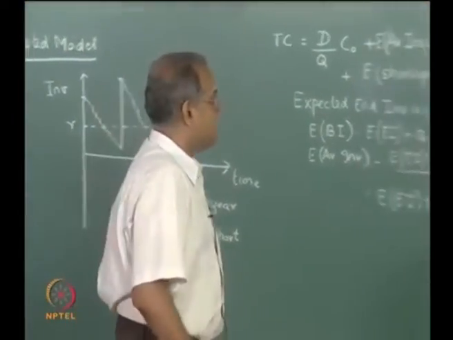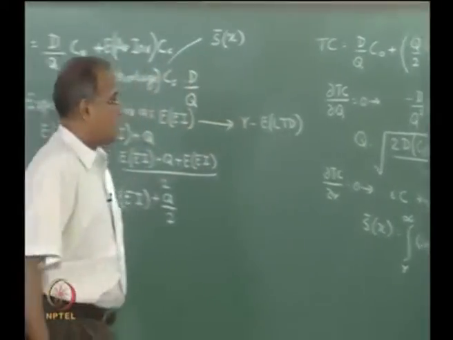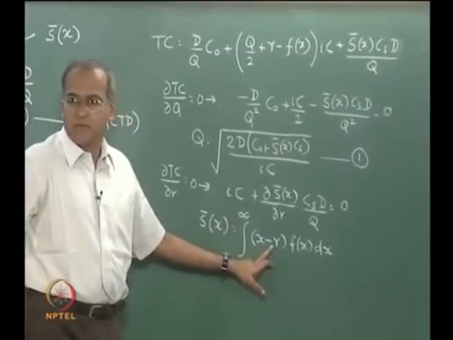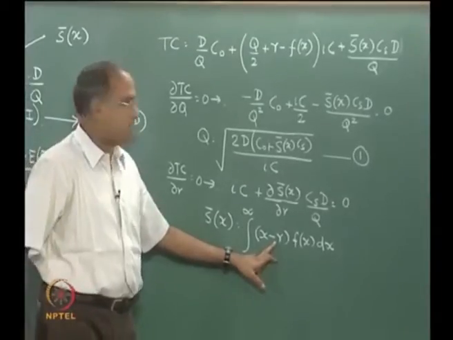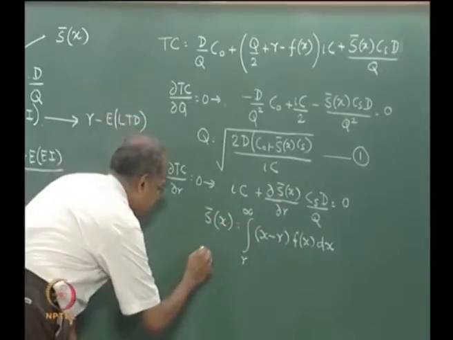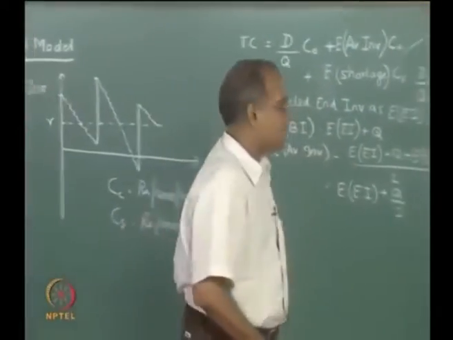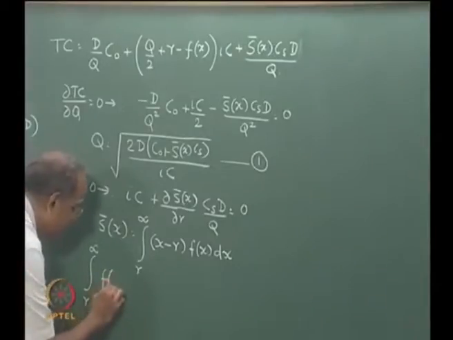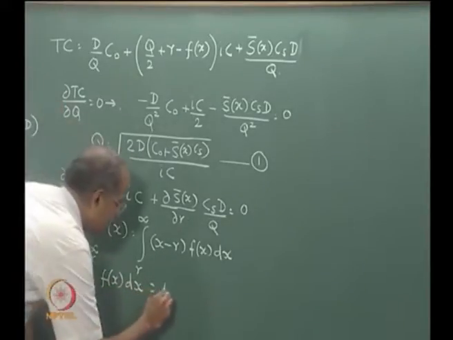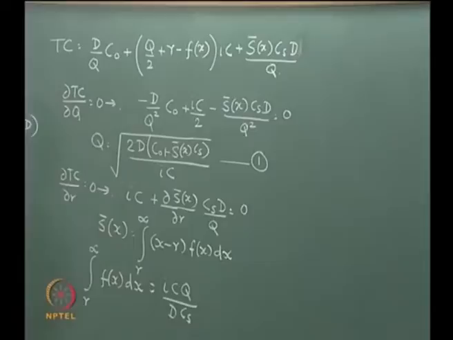Now, when we differentiate this with respect to r, we get a minus term, which comes from the x minus r. So differentiating and substituting in this, we would finally get the expression: the integral from r to infinity of f x dx will be equal to I c Q by D C s.